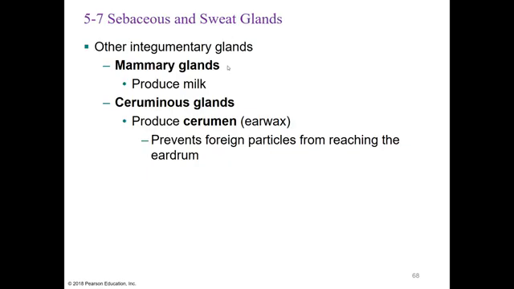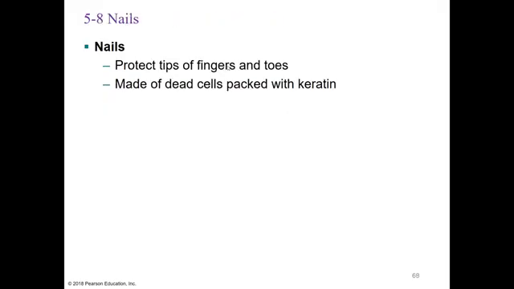So some other integumentary glands include mammary glands, which produce milk, and ceruminous glands, which produce earwax. Earwax will prevent foreign particles from reaching the eardrum. So earwax is a good thing, coating the ear canal to keep foreign particles from reaching the eardrum. So nails protect the tips of your fingers and toes, and they too are made of dead cells packed with keratin.